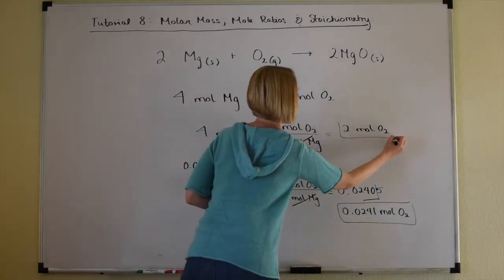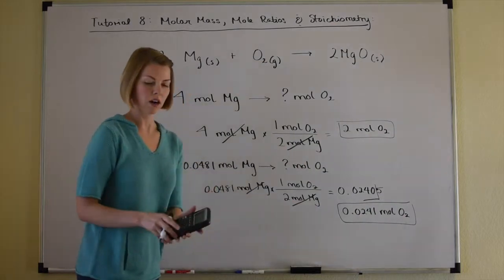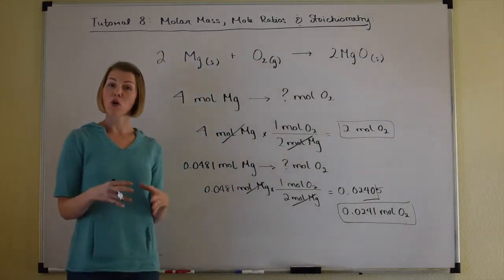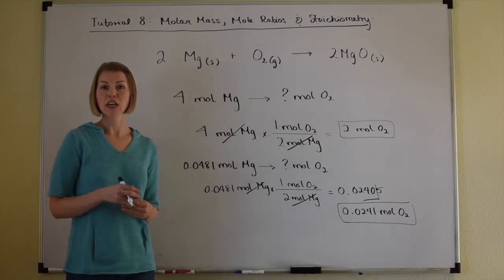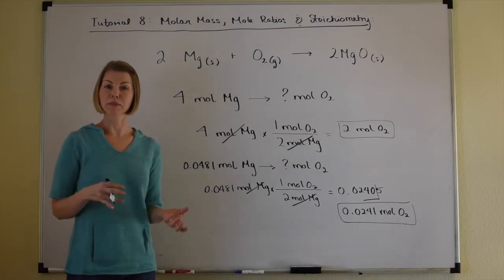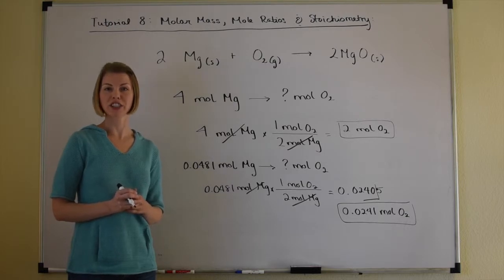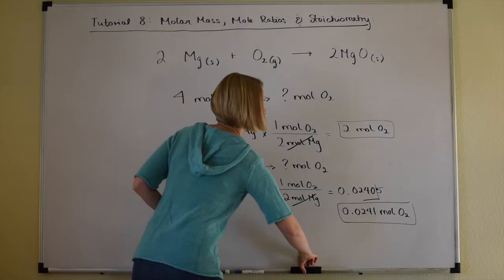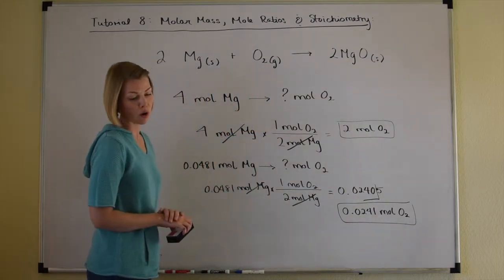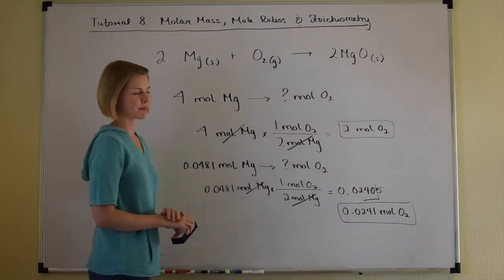And we'll circle our answer from above too. So again, the mole ratio is a conversion factor to convert between quantities of 2 different substances in a balanced chemical equation. All right. Let's erase all this and let's go on now to slide number 3.